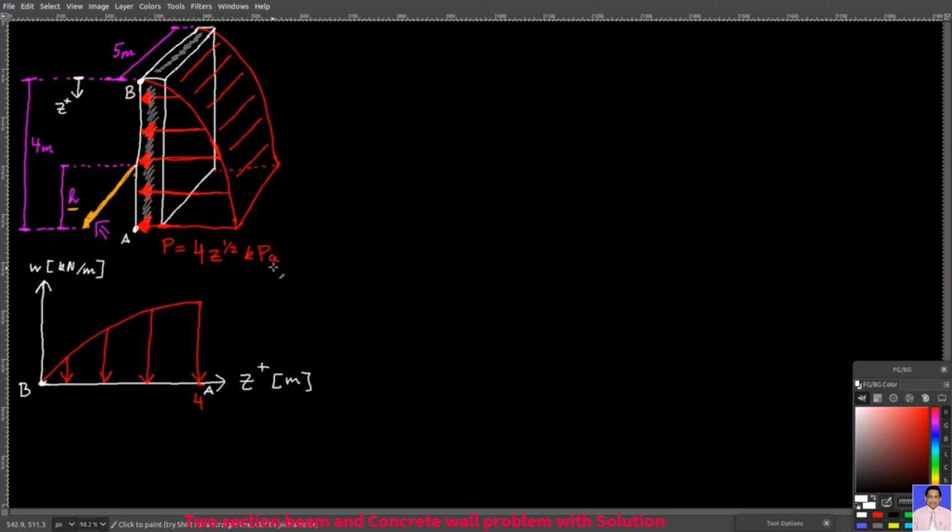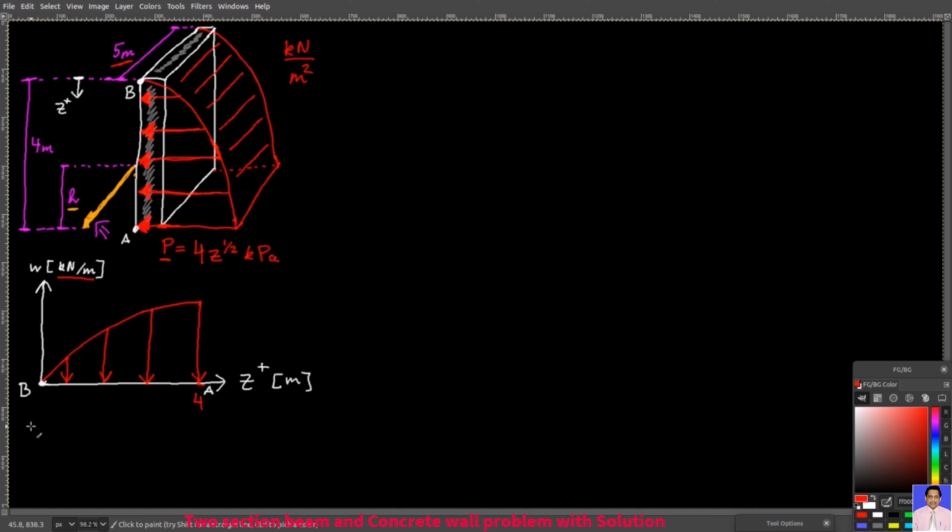Note that this pressure distribution function here was given to you in kilopascals. In other words, in kilonewtons over meter squared. To represent this distribution in kilonewtons over meter, you have to multiply your initial pressure function by the width of the wall, which is 5 meters. You can do that because the pressure does not change as you go along the width of the wall.